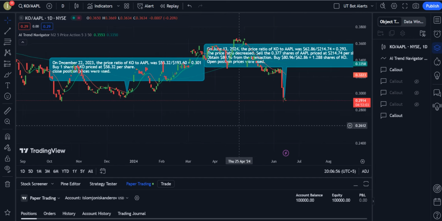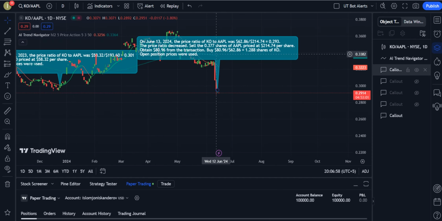But then fast forward to 6 months after trading based on the price ratio of Coca-Cola to Apple, we obtained 1.288 shares of Coca-Cola stock. And we obtained this 0.288 shares of additional Coca-Cola stock without spending any additional money. This was purely from trading the Coca-Cola to Apple pair of stocks based on the fluctuations of their price ratio.